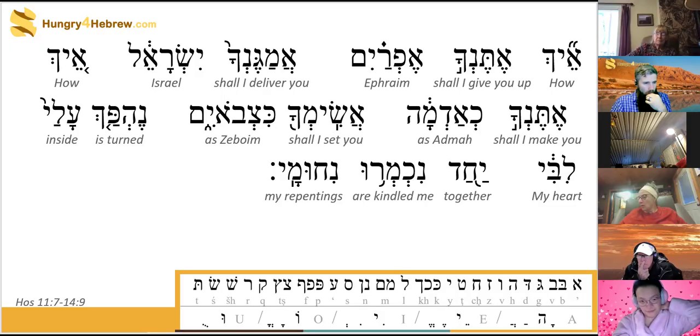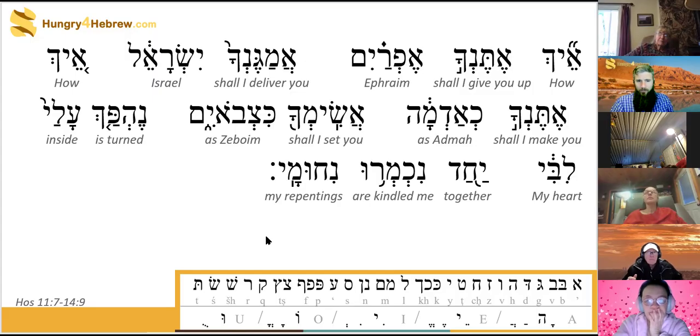Can anybody think of an example of a verb denominated from a noun in biblical Hebrew? I don't know. You put me on the spot. I don't have a good answer. Definitely in modern Hebrew, maybe not as much in biblical Hebrew. That would be a good question to ask ChatGPT, to see if it can give us some examples.